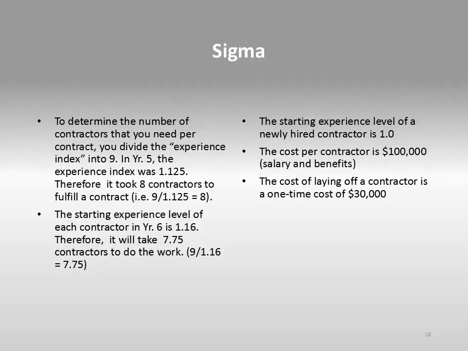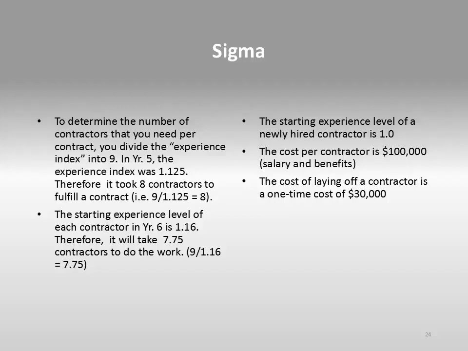But be careful, when you hire new contractors, for example, suppose with the 244 existing contractors, you hire 10 more contractors because you think you can sell more contracts. These new contractors come in at the original experience level of 1.0.